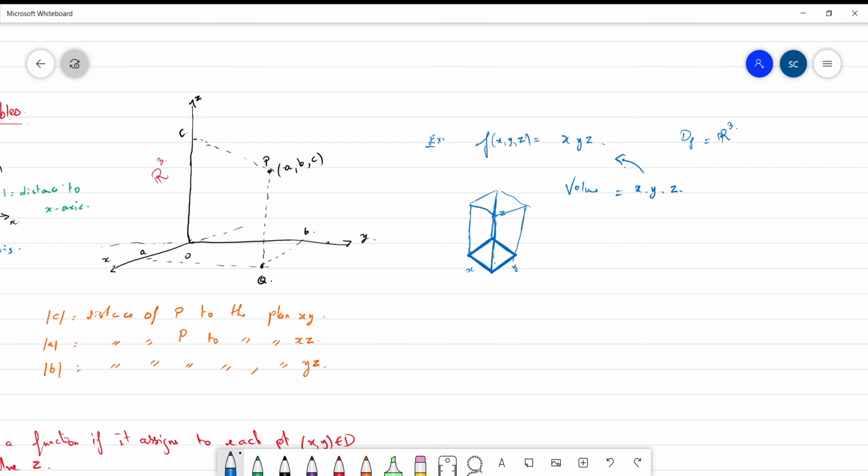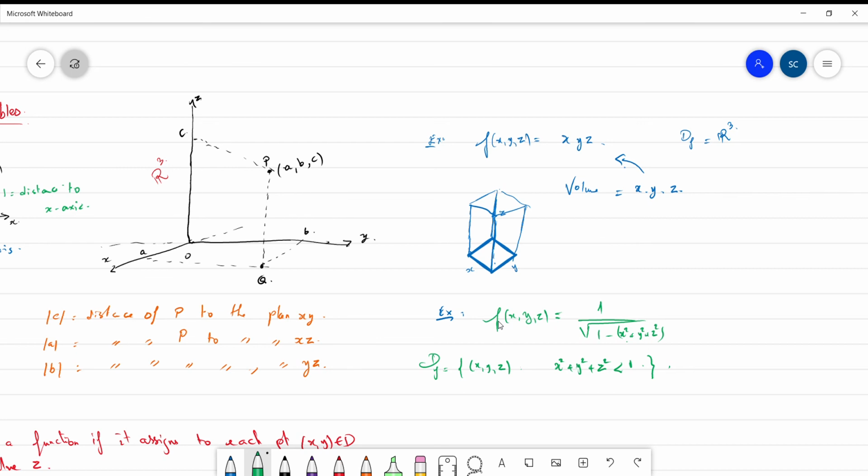Now, what about the following function? f(x,y,z) equals 1 over the square root of 1 − x² − y² − z², similar to the previous one. Then the domain will be described by all the points (x,y,z) that satisfy the condition x² + y² + z² < 1 strictly.